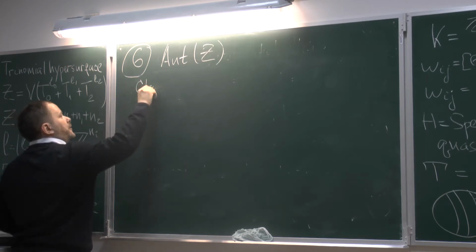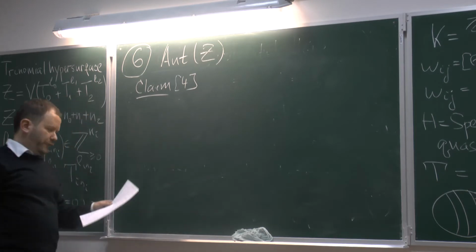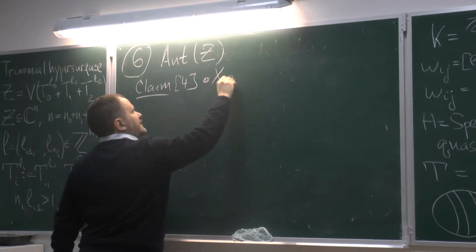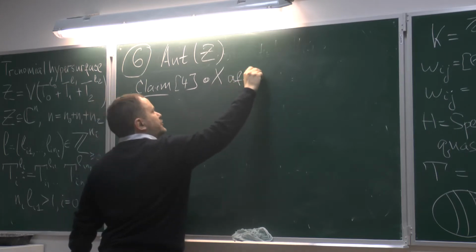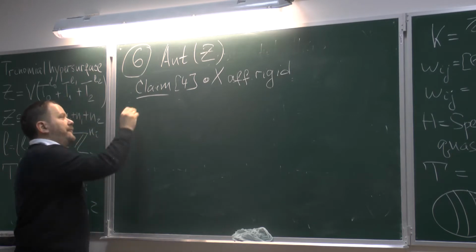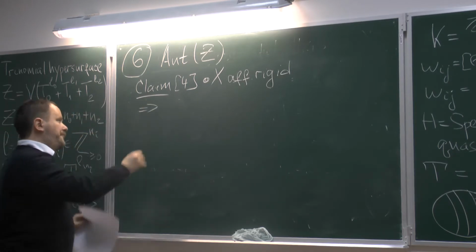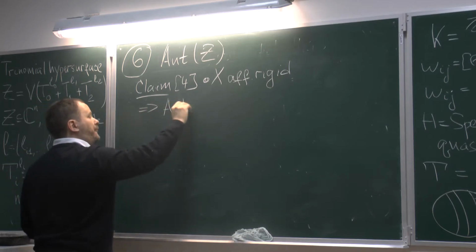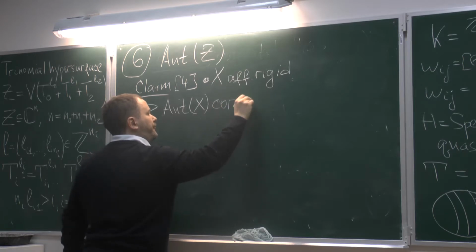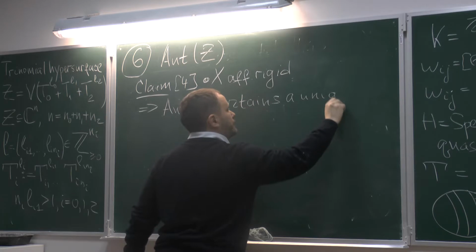So next claim from our paper. Firstly, for any variety, if X is an affine rigid variety, then the automorphism group contains a unique maximal torus.